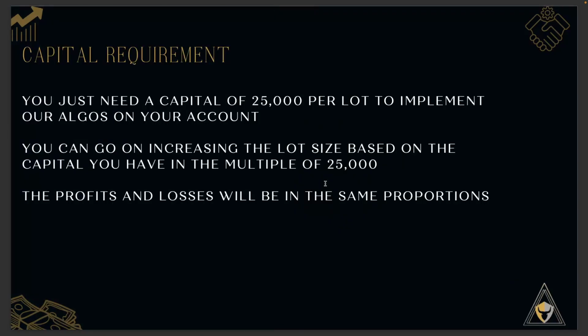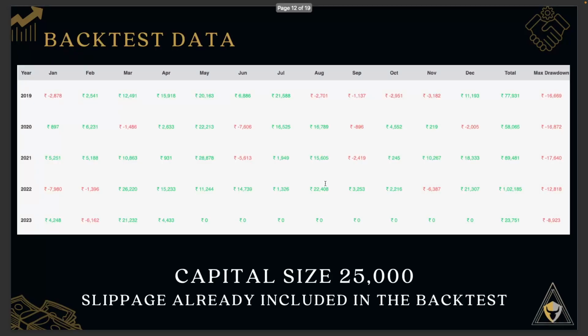The capital requirement, as we already discussed, is 25,000 rupees per lot. And here is the backtest data which we have already seen by backtesting it live. These include a slippage of 0.5% so that we don't expect more than the results. There is little possibility that we get 0.5% negative slippage on each order.